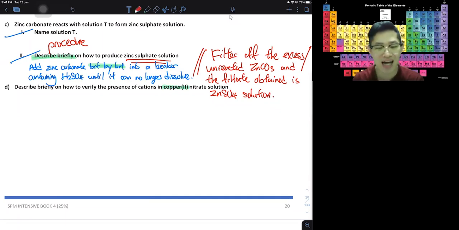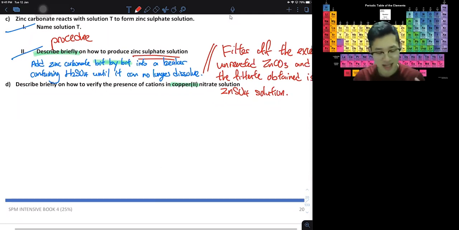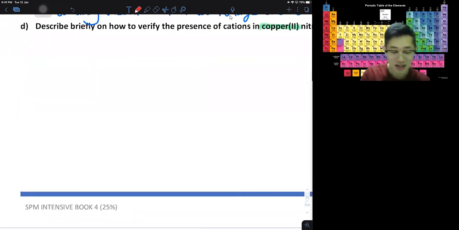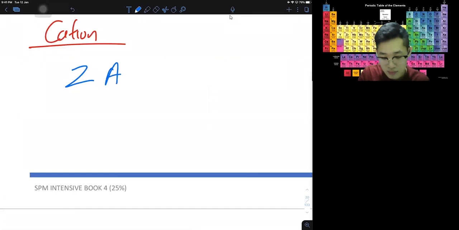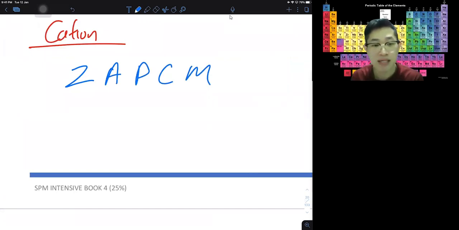In our cation test in the previous lesson in December, I told you about the ZAPCM table, right? And when I told you this ZAPCM table, I told you also what reactants are used to test.